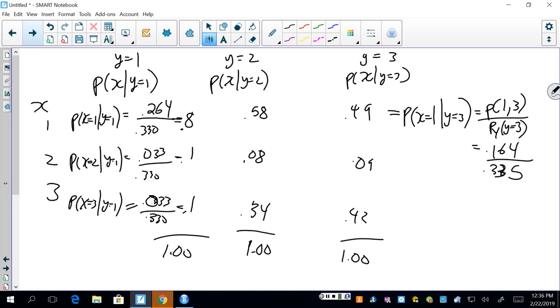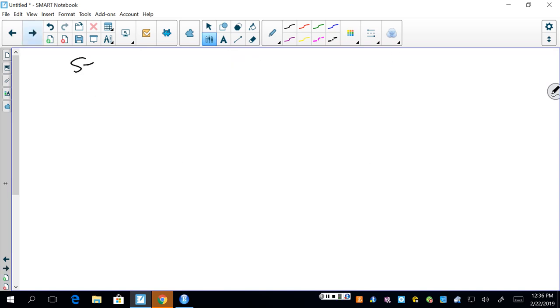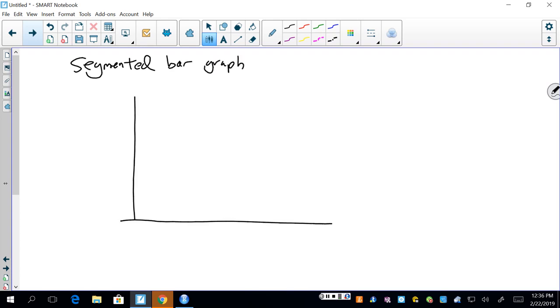You can put these things into graphs of various sorts. You could make just bar graphs for 1, 2, and 3 for each of these and compare them. One type of graph is given the name of a segmented bar graph, where for the different groups, y equals 1, y equals 2, y equals 3, the conditional probabilities are going to add up to 1.